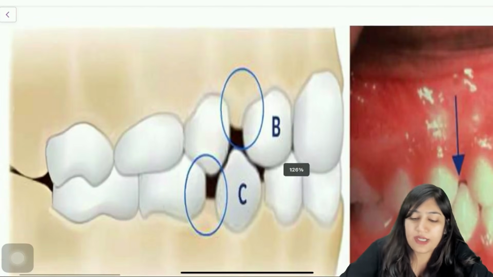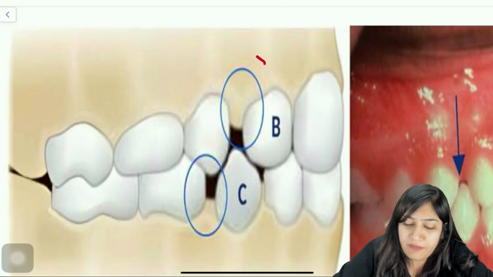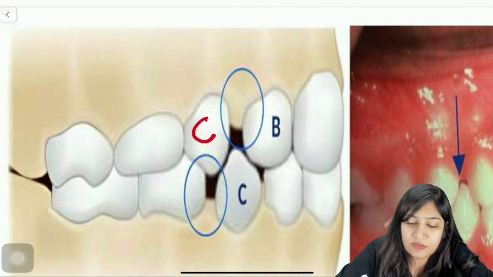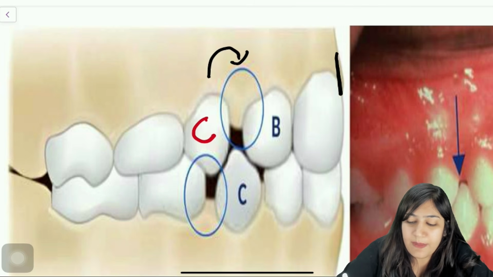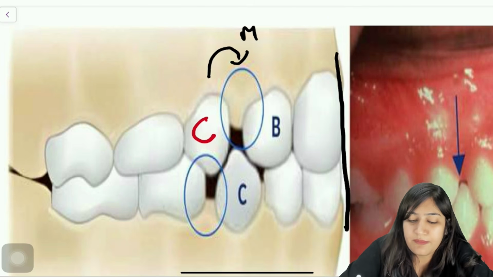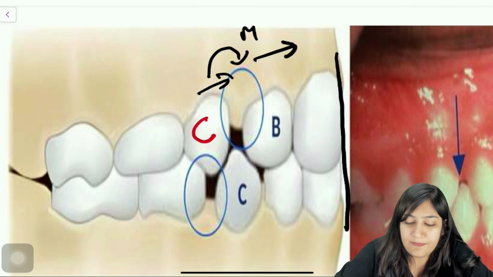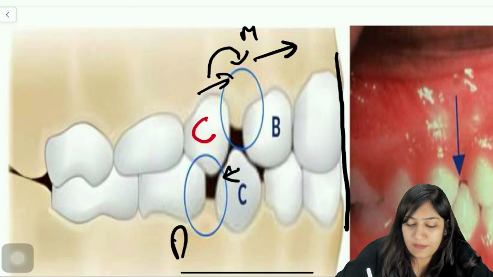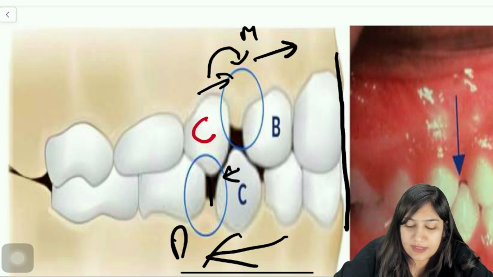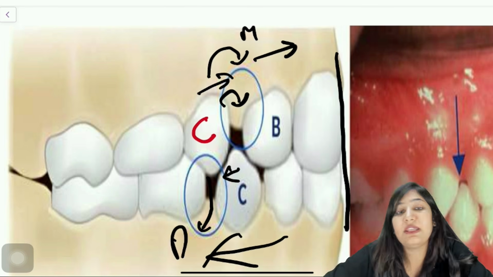In this diagram, you can easily appreciate, this is the canine, right? So it is present mesial to the maxillary canine. This is our midline, so this is towards the midline, the mesial surface. So mesial to the canine and distal to the mandibular canine. This is away from the midline, so this is the distal portion and this is the mesial portion.